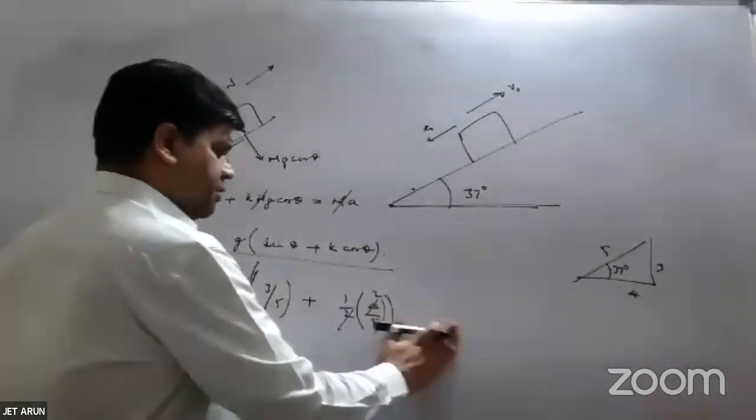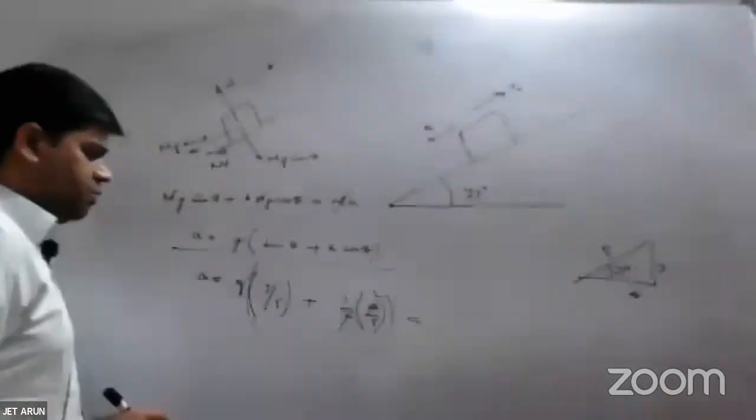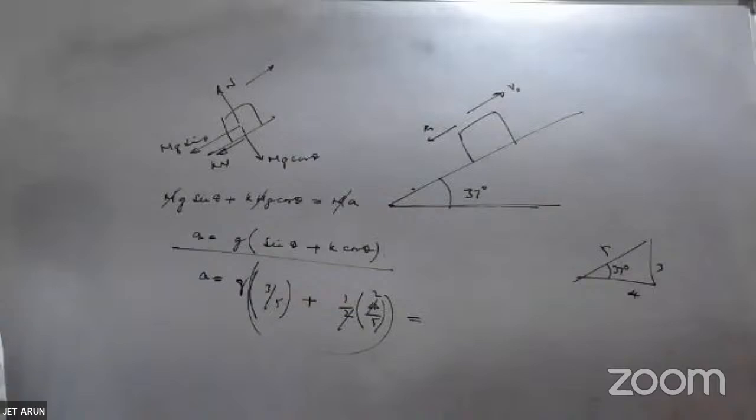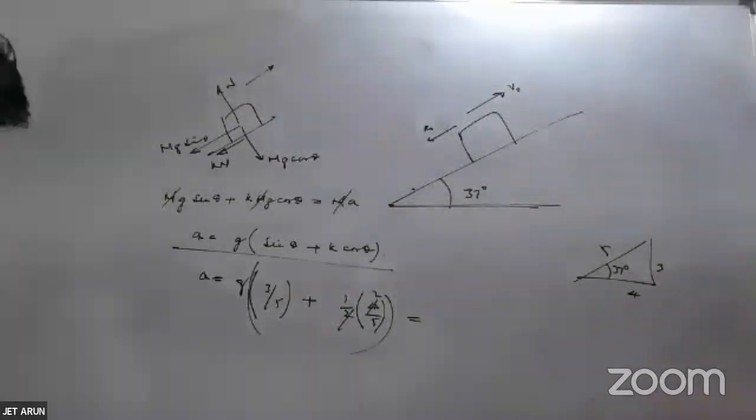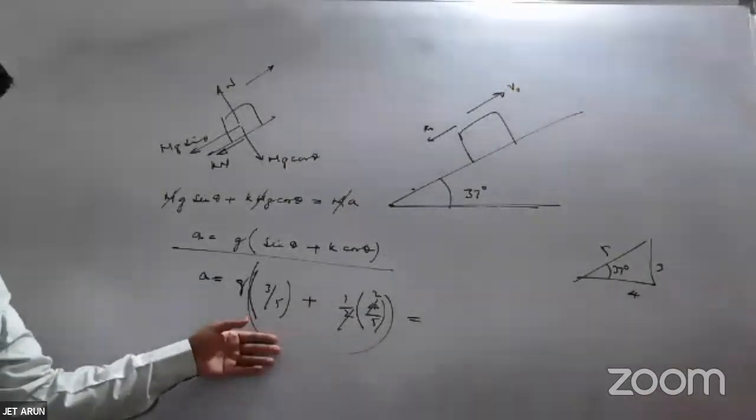Can you tell me what the acceleration now is? 3 by 5 plus 1 by 2 times 4 by 5. How much is it, students? Find out this acceleration. Let me know the acceleration.